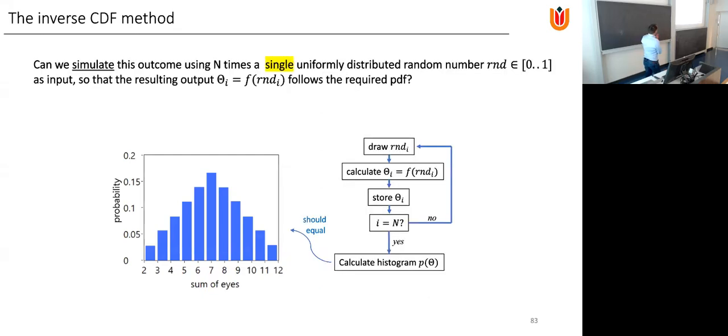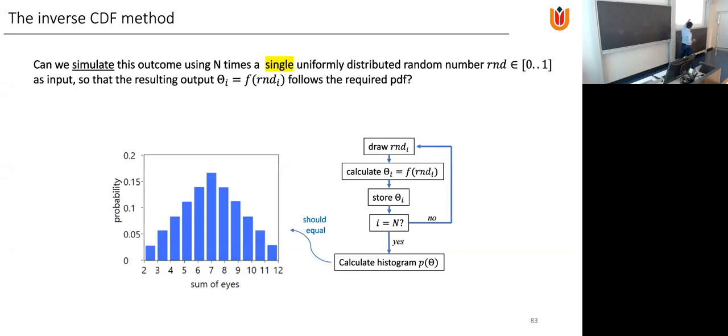Now I would like to simulate this experiment with the computer using only a single random number. So I will draw a single random number between 0 and 1, uniformly distributed, and I want to manipulate that number in such a way that if I generate a lot of these numbers and make a histogram, then it actually follows this distribution of the sum of eyes.